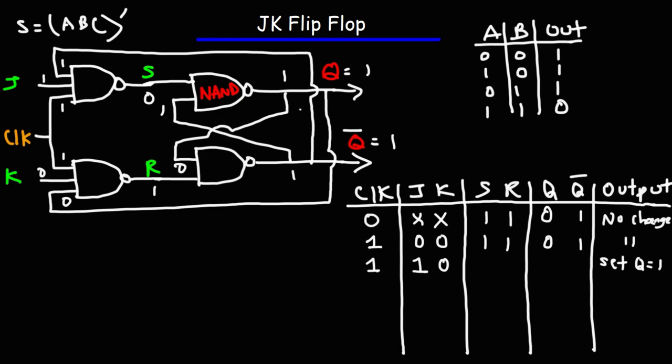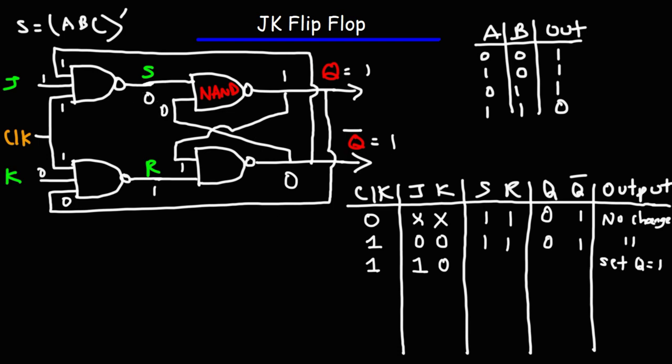Now that Q is 1, it's going to change this input. The 1 is going to follow here. So this is no longer a 0. 2 1s will make it 0. So that's going to change Q bar to 0. And of course, that will change this input.